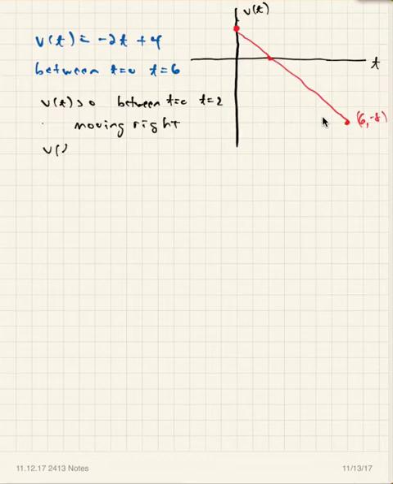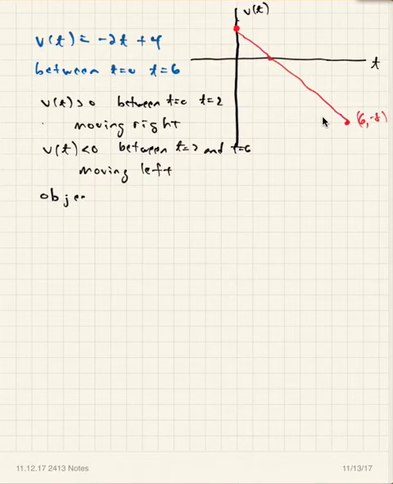And then v of t is less than 0 between t equals 2 and t equals 6, so the object's moving to the left. So notice that the object changes direction at t equals 2. The velocity is 0 there. Velocity at time 2 is 0.